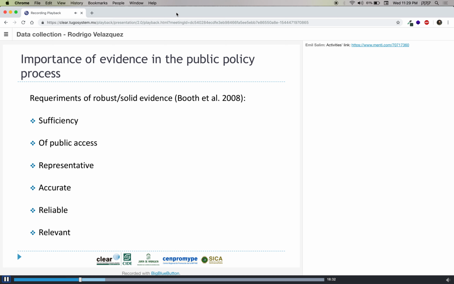So if we collect enough information during many years or many months, we are going to be sure that we have solid evidence. So this is a very important characteristic that we need to take into account, and we need to try to have sufficient evidence.